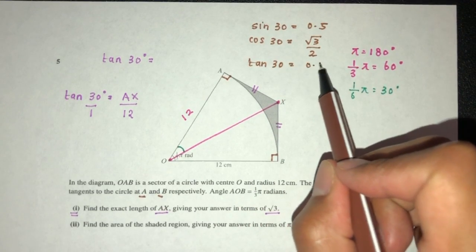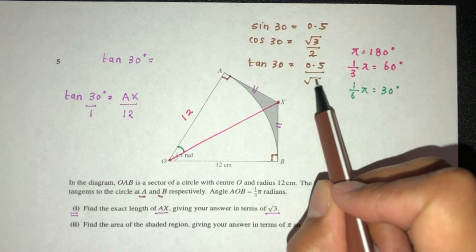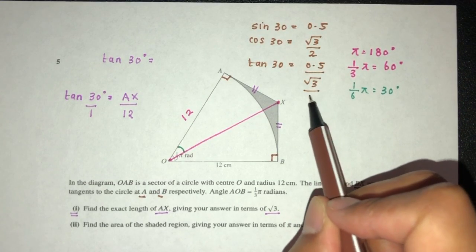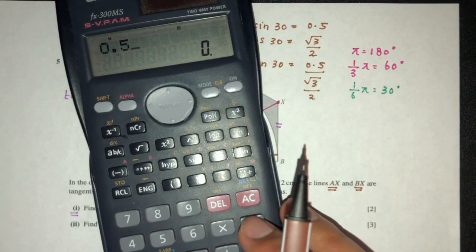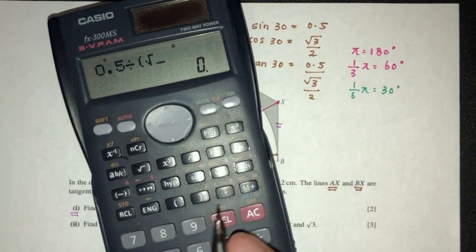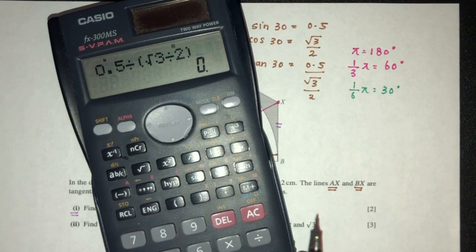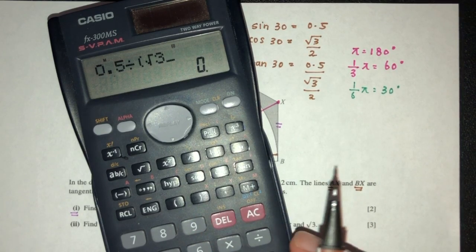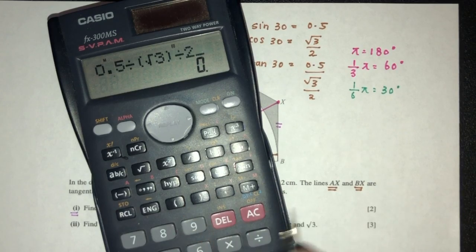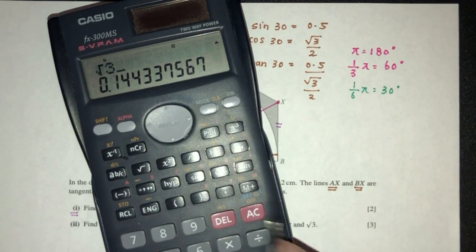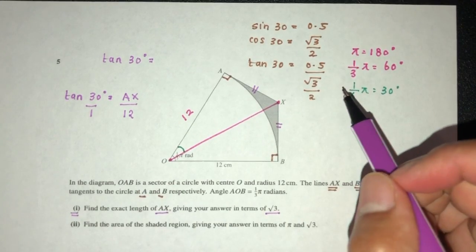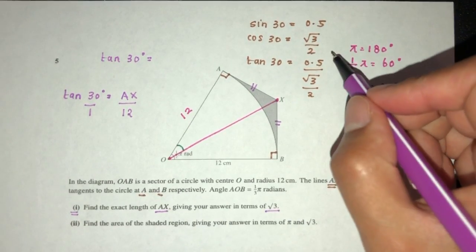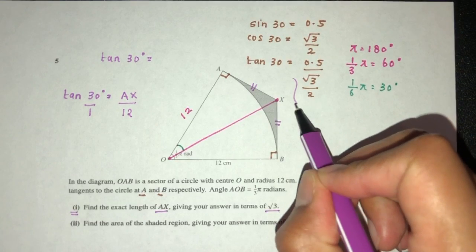So 0.5 divided by √3/2. And that will be what? So 0.5 divided by √3 divided by 2. Let me do this here because it seems to be confusing on the calculator.